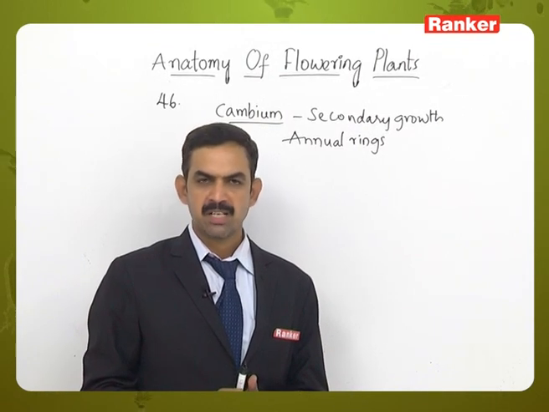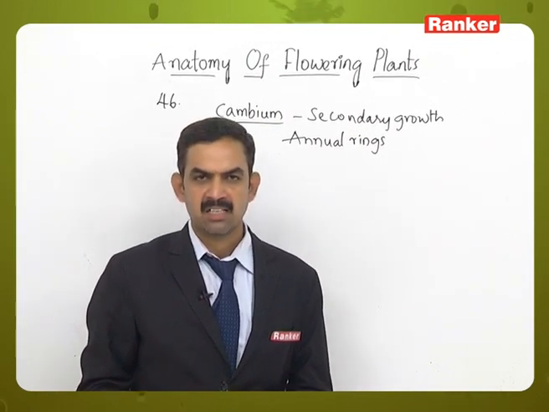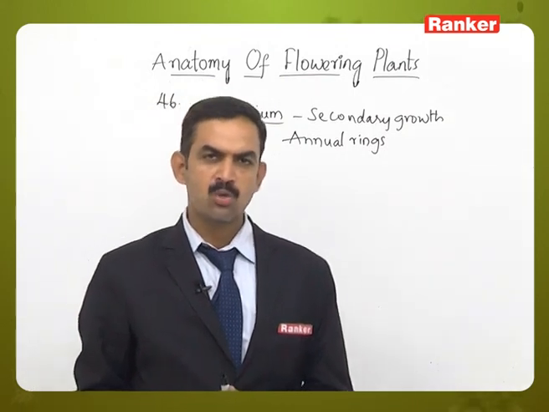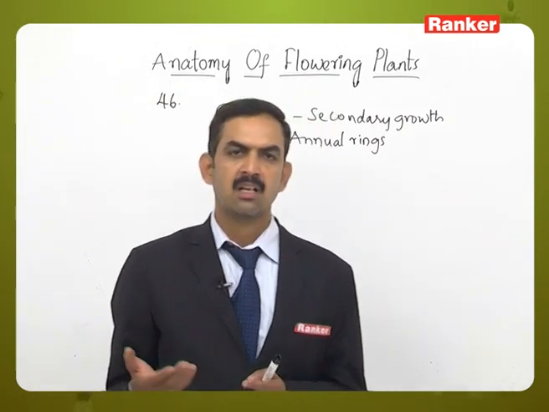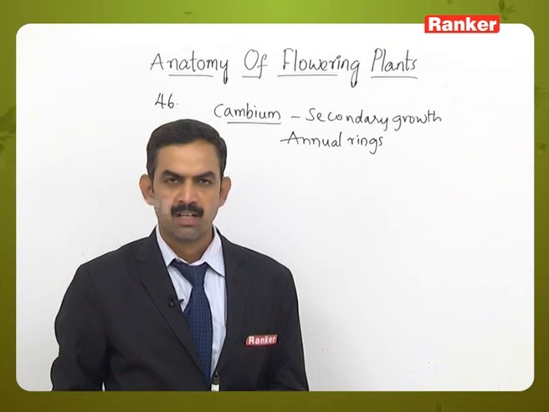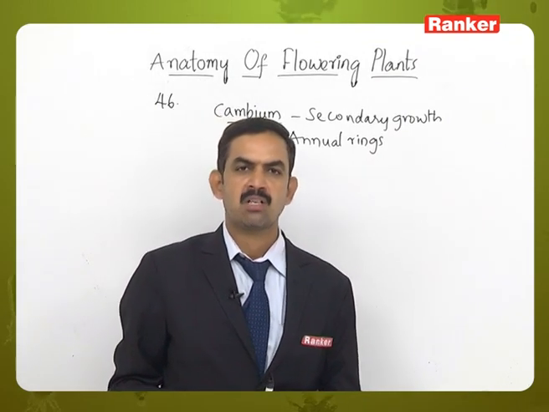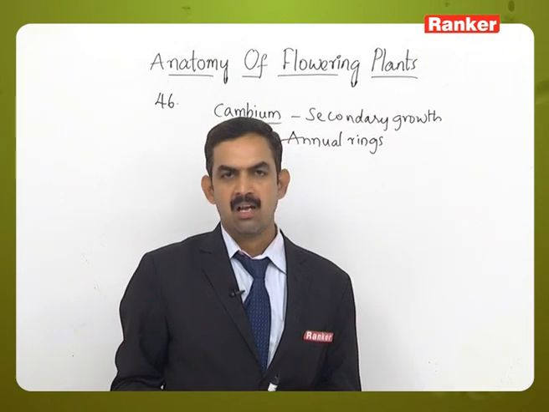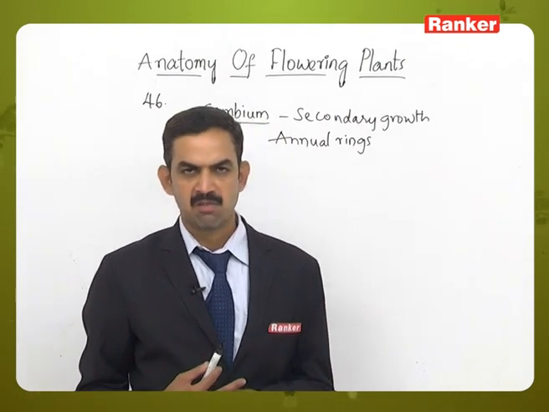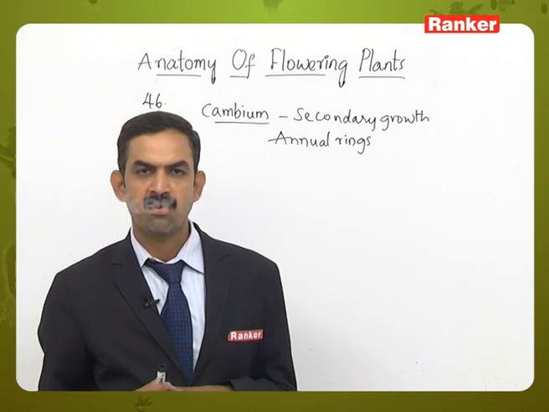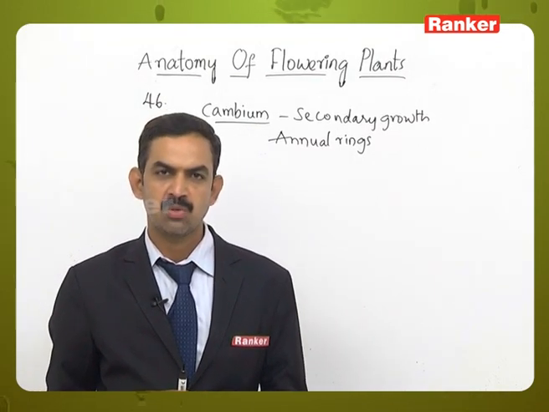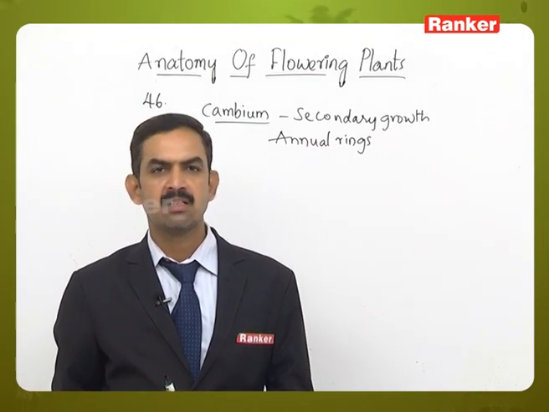Particularly if we take the spring season, we consider that as a season where new organs will be formed, that is leaf formation will be more. When new organs or leaf formation is more, the requirement of water and minerals will be high. As the requirement of water and minerals will be high, there is a need for a greater number of xylem tissues and large sized xylem tissues.